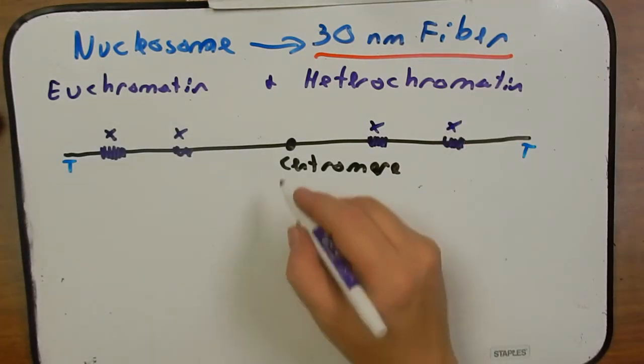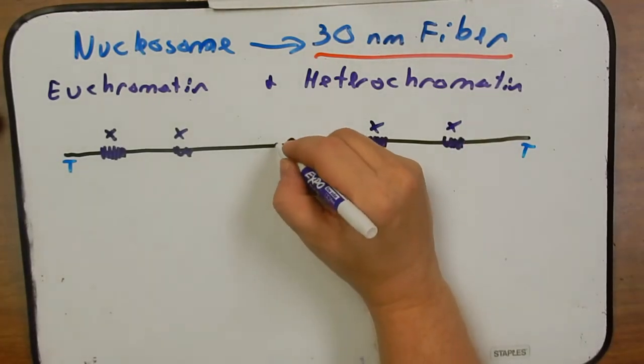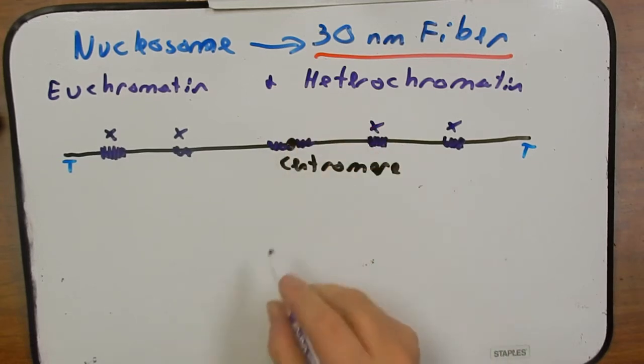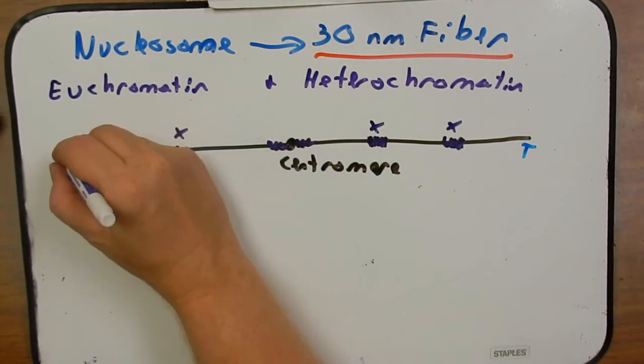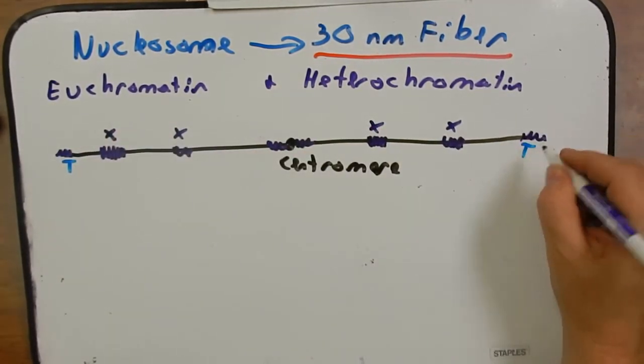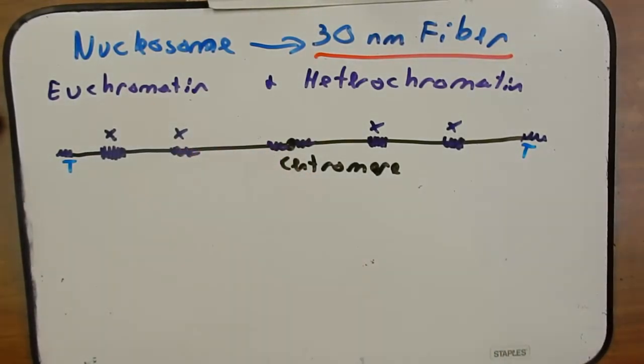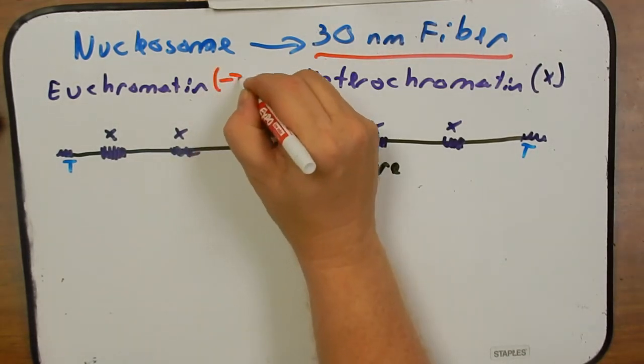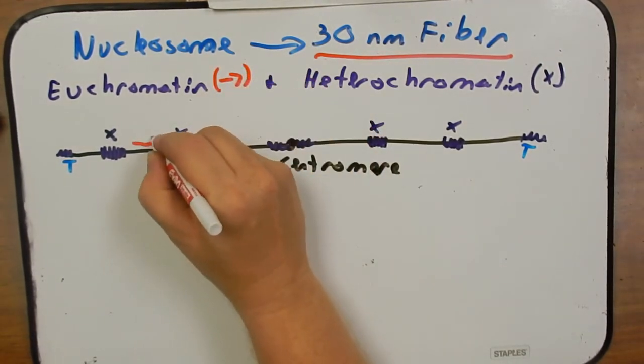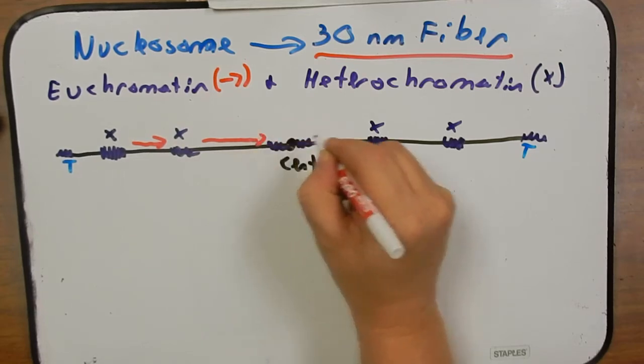What I don't think I said when we introduced this topic before is that heterochromatin is found always near the centromere and always near the telomere, in addition to other areas of the chromatin where there are areas of transcription repression. So heterochromatin is shown by an X. Whereas euchromatin, I'm going to show with an arrow, are all these areas that are not compressed.